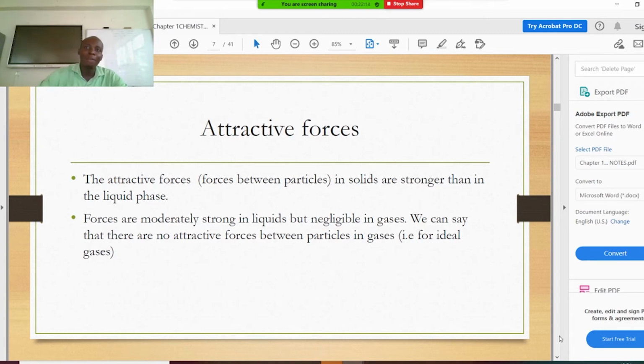That is, they will not have enough energy to move away from the attractive forces. But if the kinetic energy of these molecules is greater than the forces holding these particles together, the molecules would be far from each other. They will move away from each other. They will not be as close as we see in the solid state.